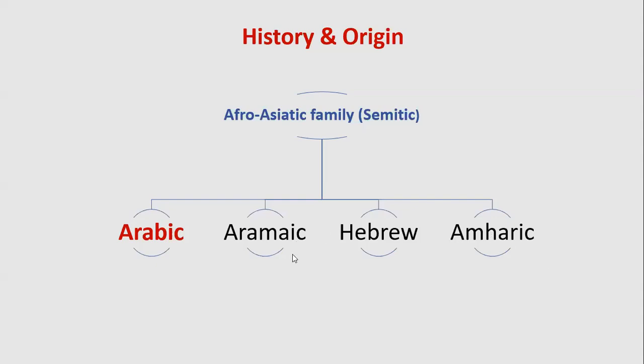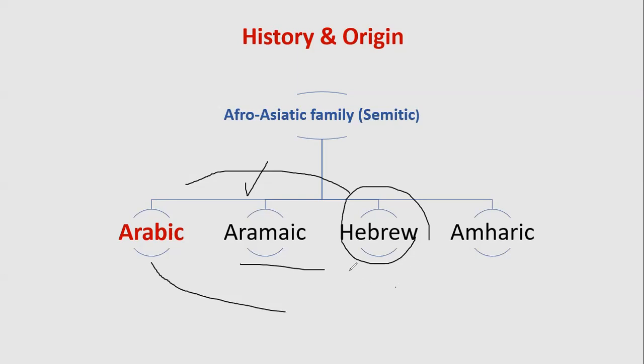These 4 languages we can consider as sister languages, especially Hebrew, because Aramaic is not existing now, or existing but very few in the world. Only around 100,000 people speak Aramaic now in the world, but Hebrew is still spoken, and Arabic. So we can consider that Arabic and Hebrew are sister languages.